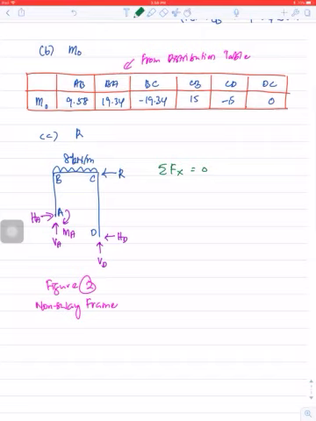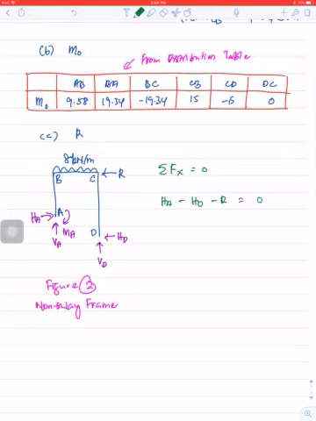We produce the equation with R inside. So we have HA minus HD minus R is equal to 0.